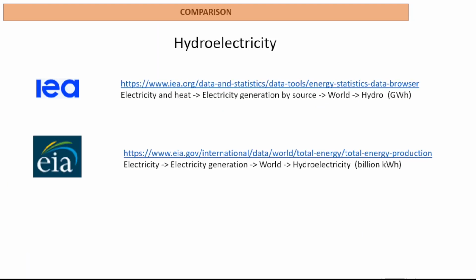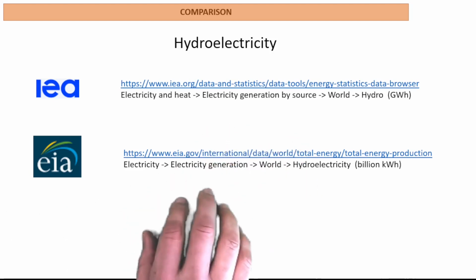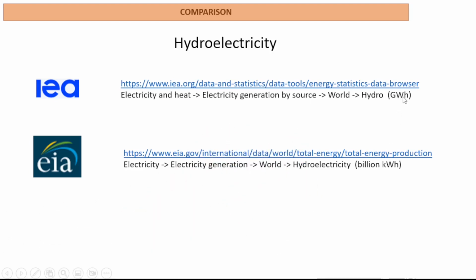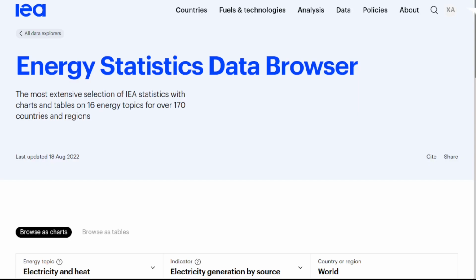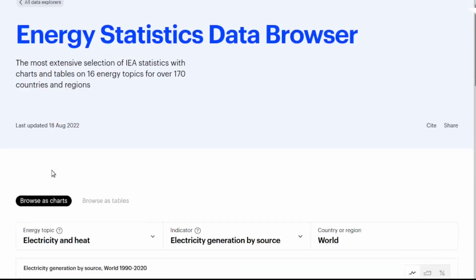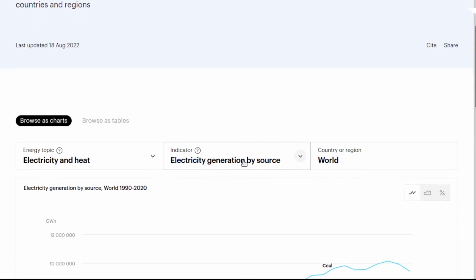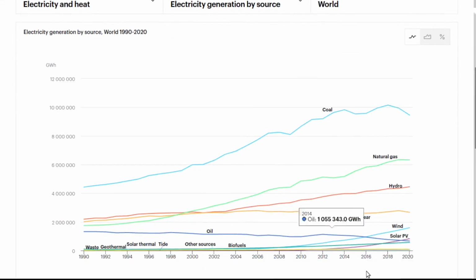Let's now compare the values of hydroelectricity, which in this case use the gigawatt hour. If we go to the IEA, electricity and heat generation by source, we can get the hydropower, the hydroelectric energy from this value.